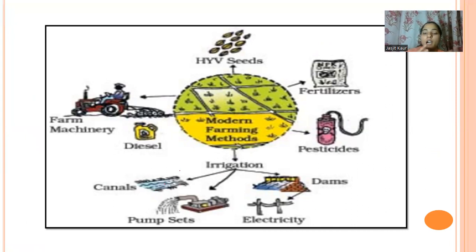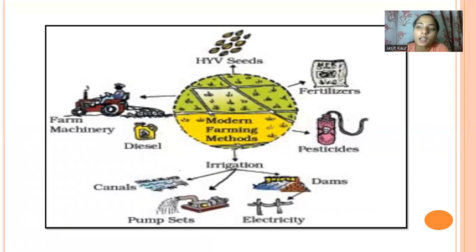As we have seen how it helped increase production in village Palampur, now you have to tell me: how does the modern farming method help in the development of the agriculture sector in your area, if all the farmers have adopted it?